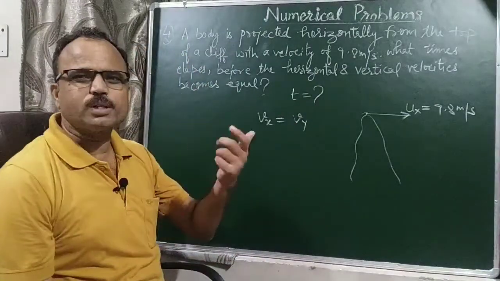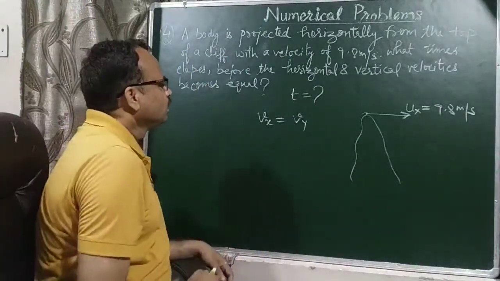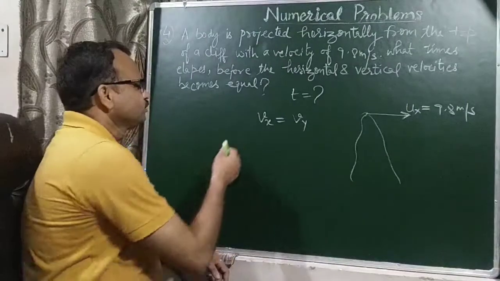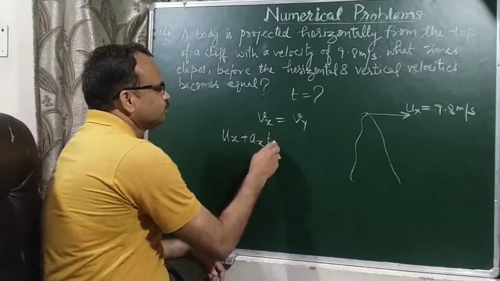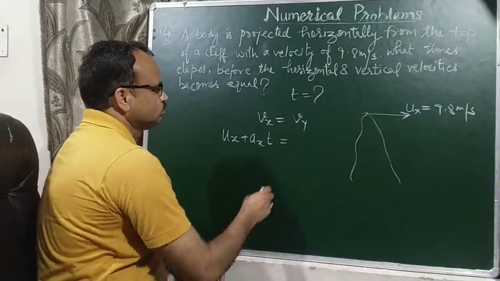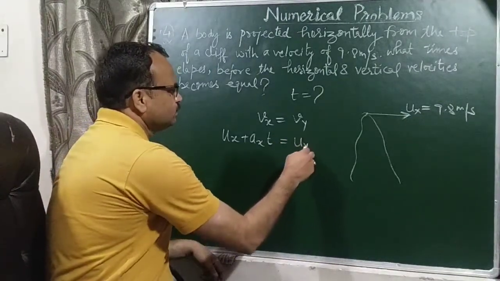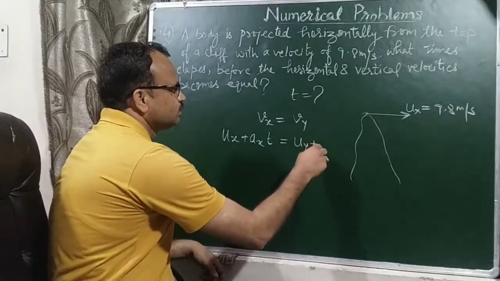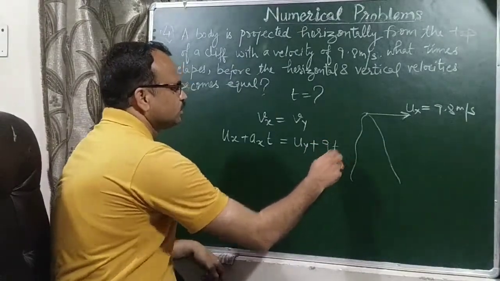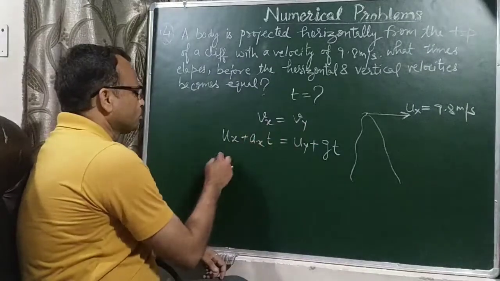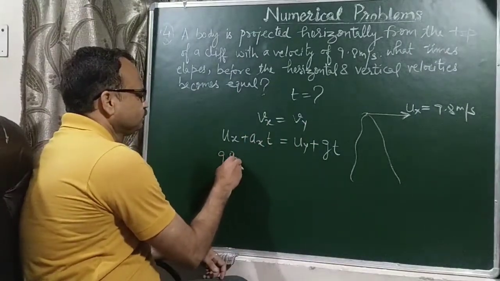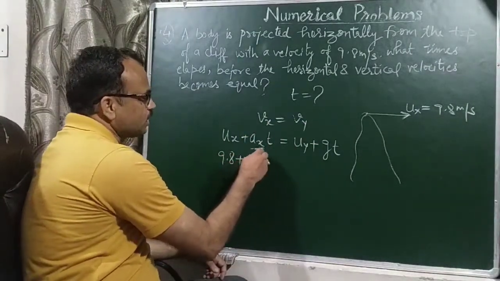So according to the first equation of motion, v equal to u plus at. So ux plus ax into t equal to uy plus g into t. Okay. So horizontal velocity is 9.8, but horizontal acceleration is always equal to 0.